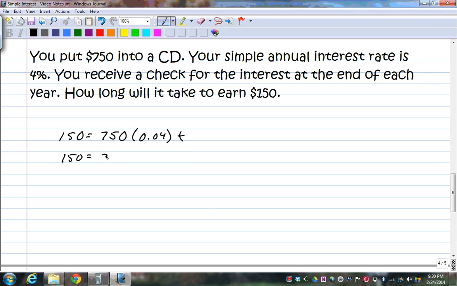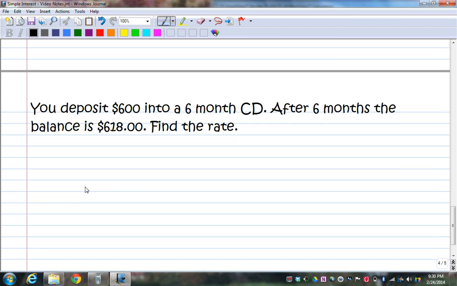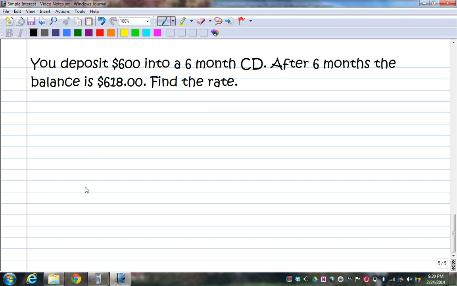So I have 30t, divide by 30 on both sides, and then t is equal to 5. That's the way I prefer you to solve it. So you would say, oh, it would take 5 years to earn $150. The reason I want you to solve it that way is because you'll need it to do a problem like this one.